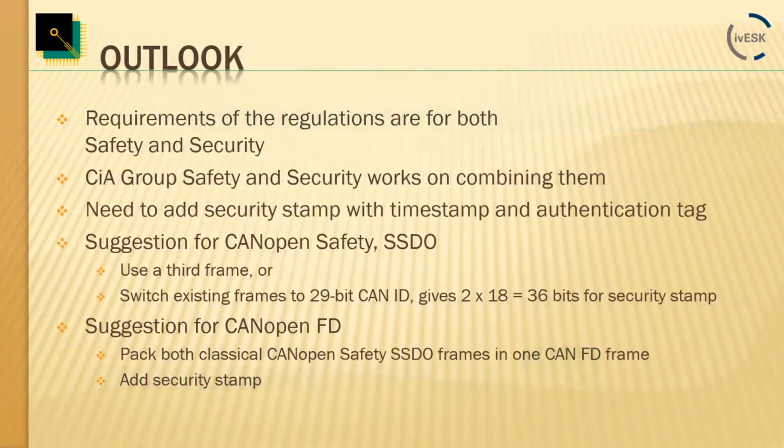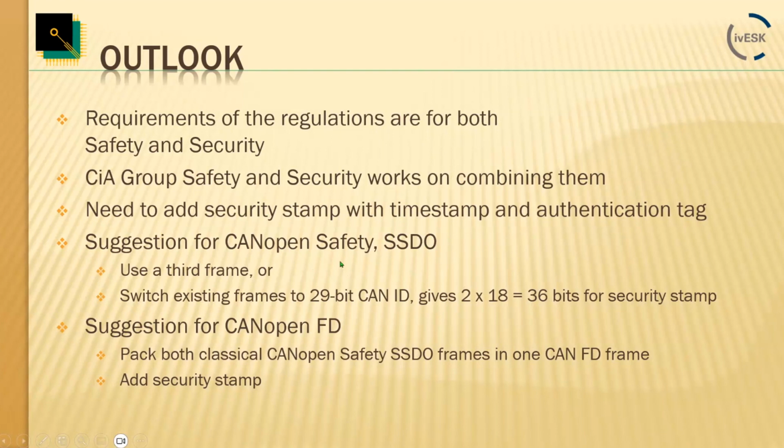So now coming to the end and the outlook. I've shown a little bit that there are requirements coming from regulations that require both safety and security. We have a CiA working group on this and are open for newcomers there. Same as Uwe said, please join if this is of interest to you. And when it comes to adding security to the existing SSDO, well, Uwe already showed the frames.